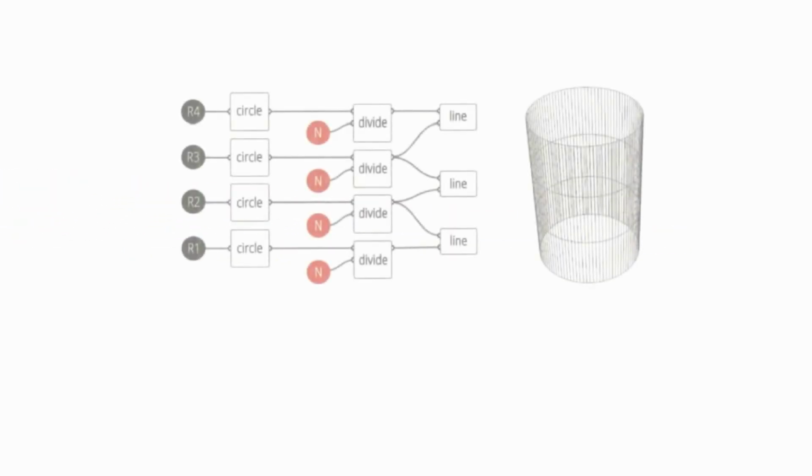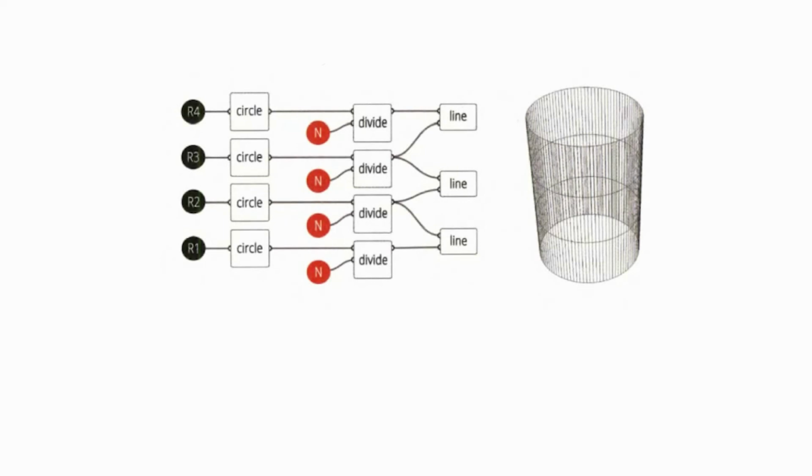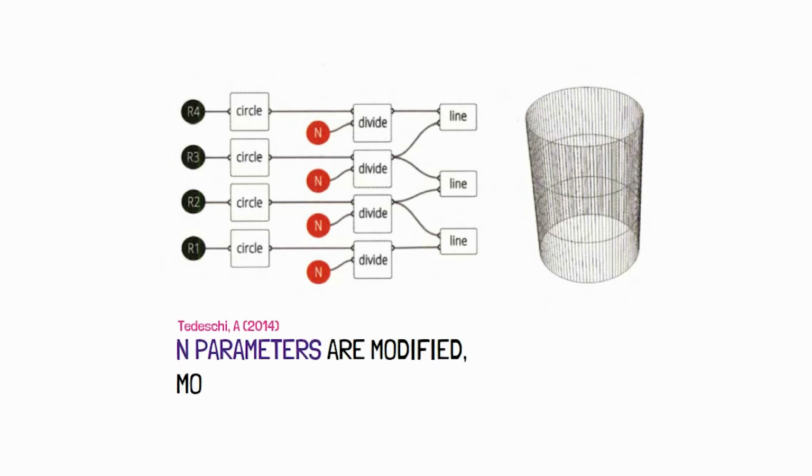So the geometry on the right has more lines compared to what we've seen before because we modified the n parameters here, hence more lines are generated.